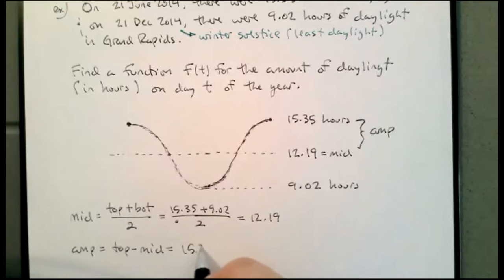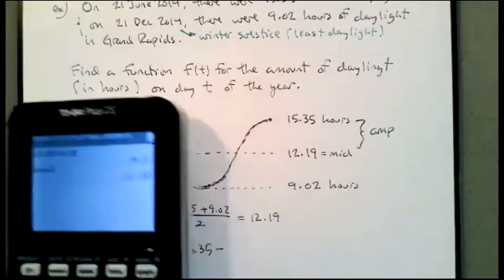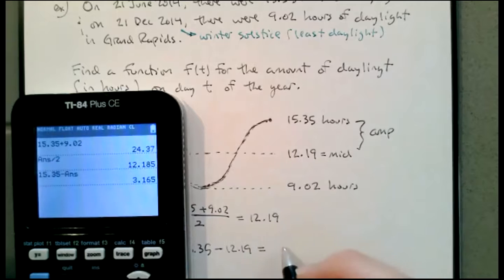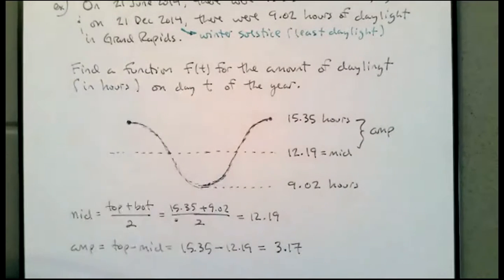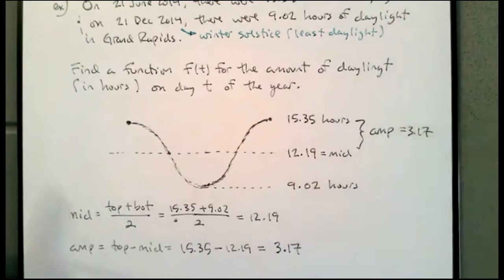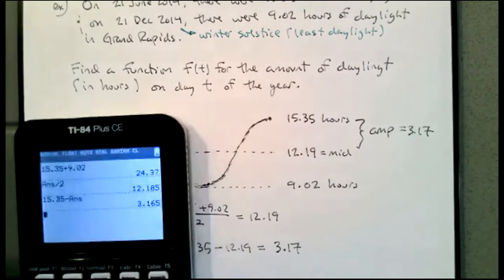So I'll take the 15.35 and subtract my 12.19, and I get 3.17. Now we've got all of our vertical information sorted out. We can also take the middle minus the bottom: 12.19 minus 9.02 will also give us an amplitude of 3.17.